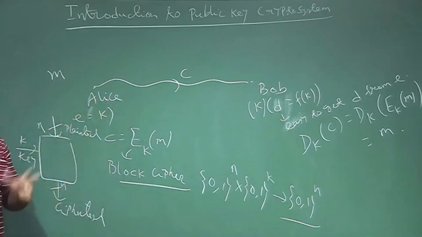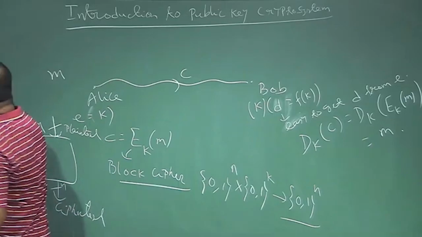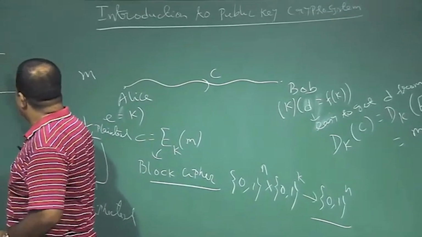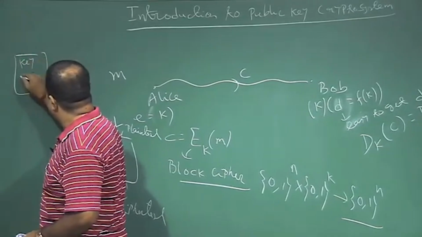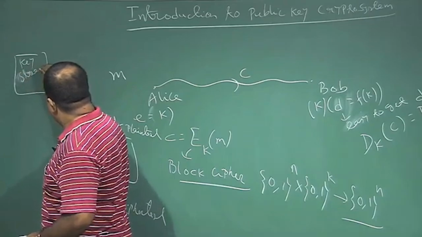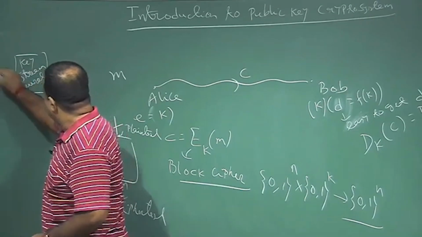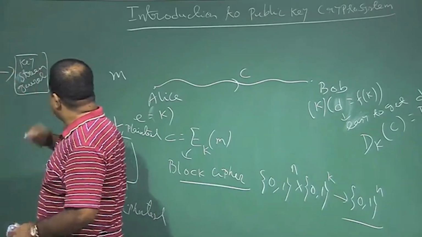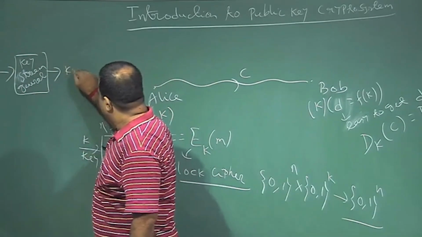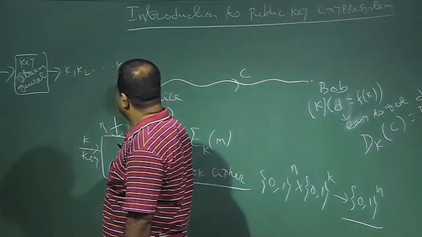Or they can use any stream cipher. Suppose there is a key stream generator or pseudo random bit generator, which takes the secret key as input and generates the key stream K1, K2, Ki and so on.